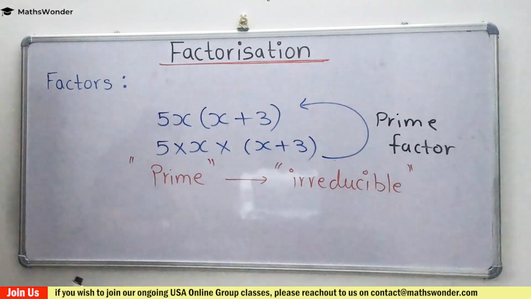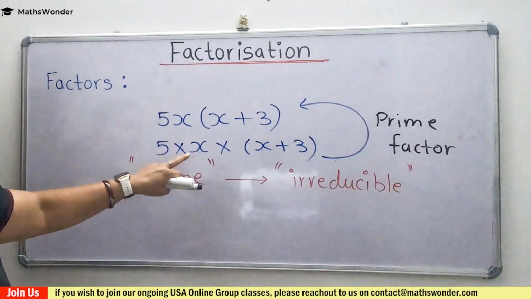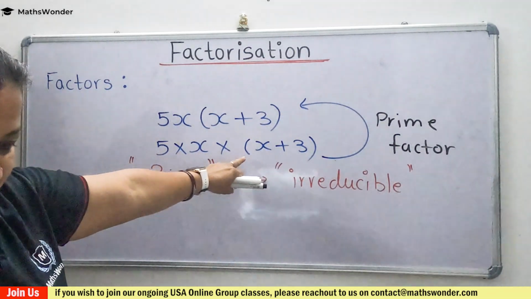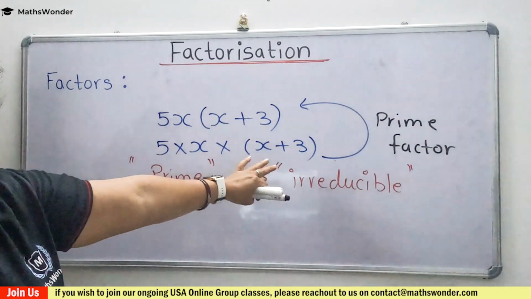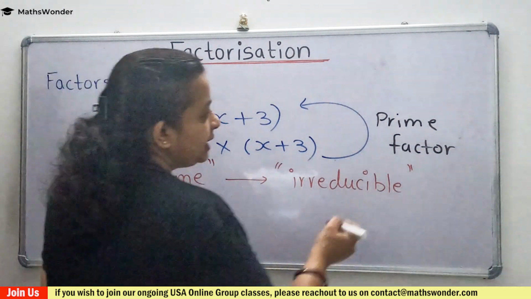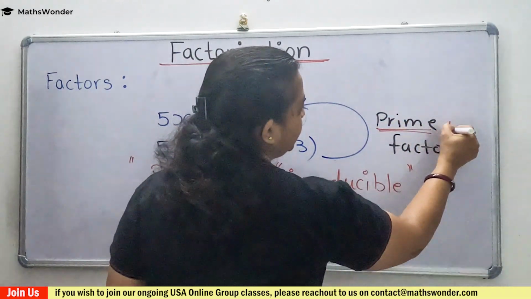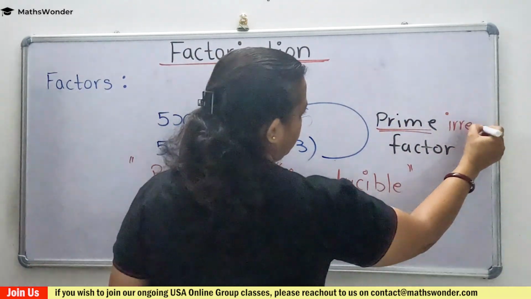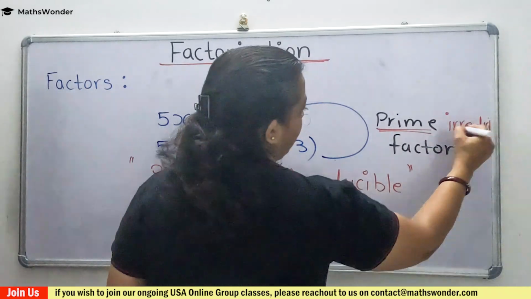So hence 5x and x + 3 are irreducible factors of 5x(x + 3). Basically, the name is turned into irreducible factors.